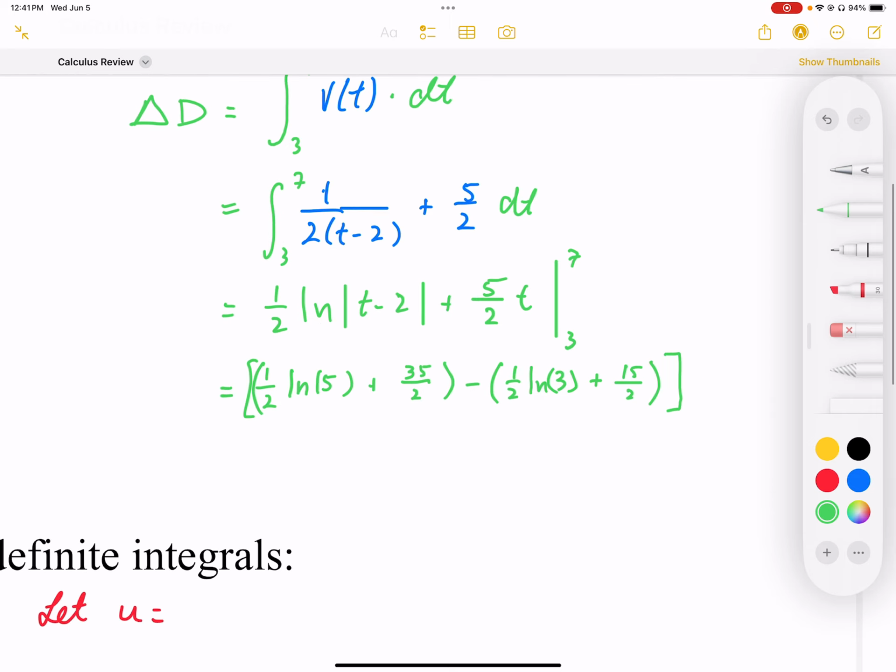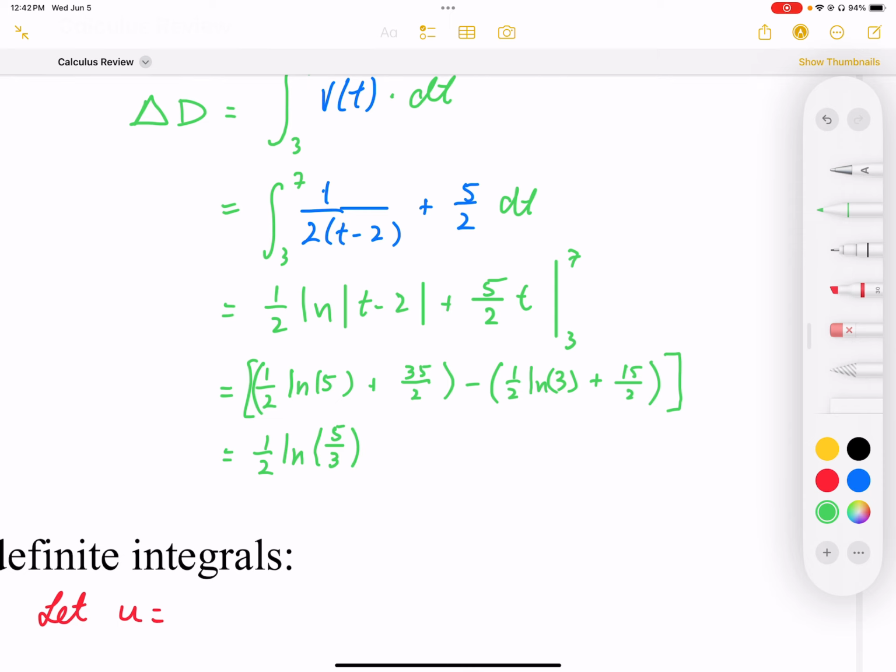Okay, so I'm just going to group together my terms. The log terms go together. I'm just going to factor out the 1/2. Log 5 minus log 3. I'm going to use some log properties and write that as, instead of two logs being subtracted, I'm going to divide the arguments together. So it's 5 over 3.